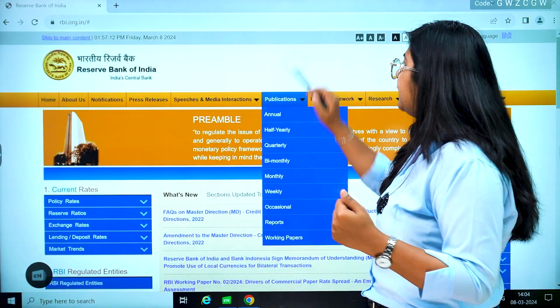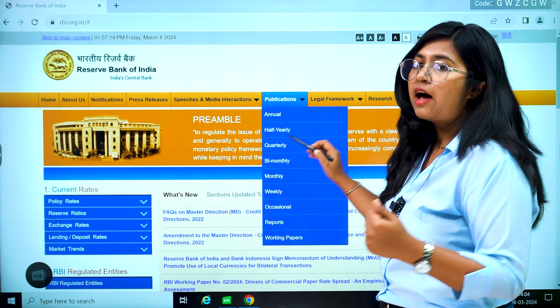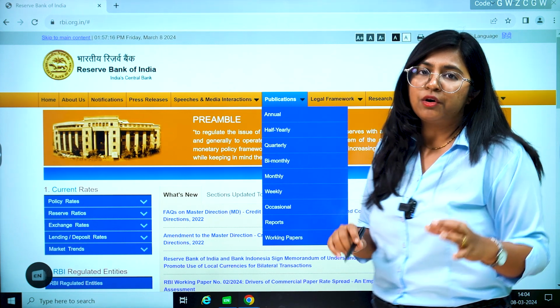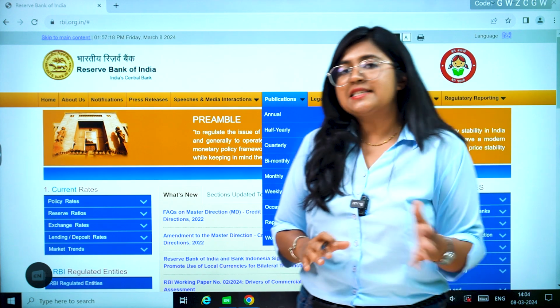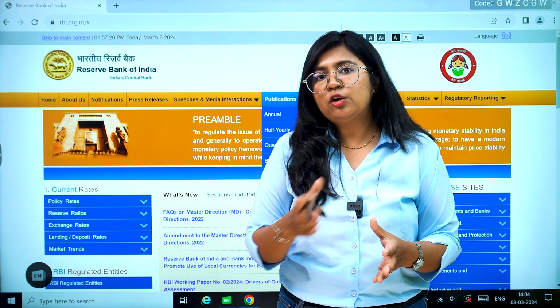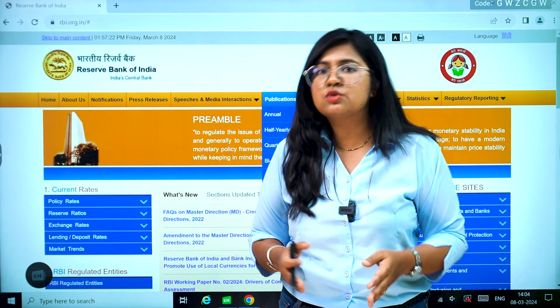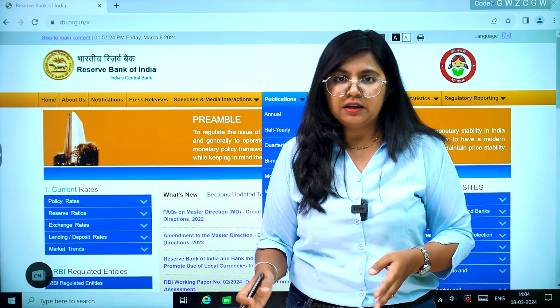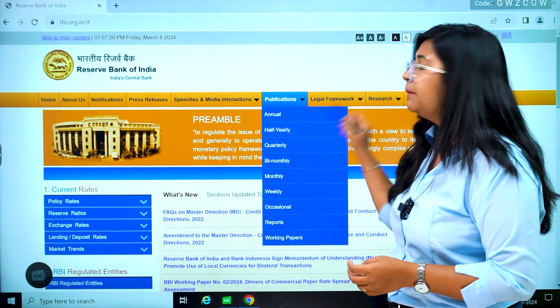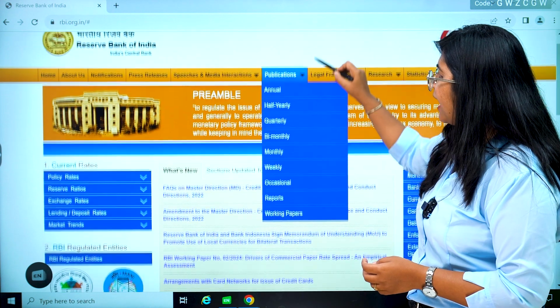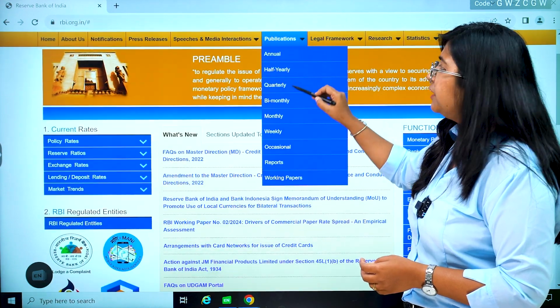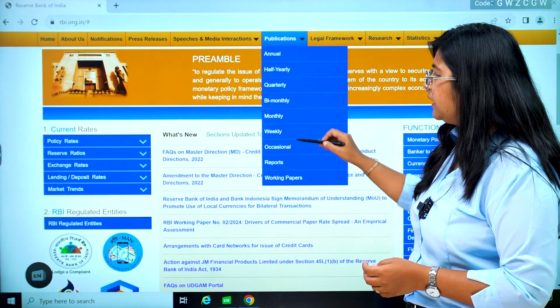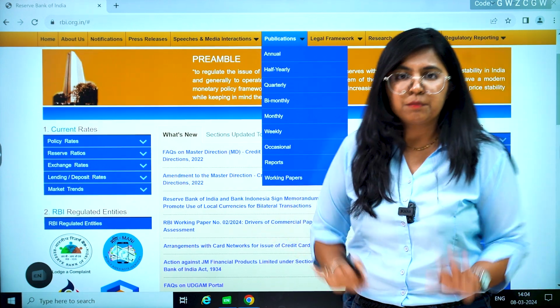Okay. Publications. Now, publications are quite important for you all to know. As I said previously, I will tell you about the documents that you must visit weekly, monthly, annually. So here on the publication section, you will have annual, half-yearly, quarterly, bi-monthly, monthly, weekly and other types of reports.